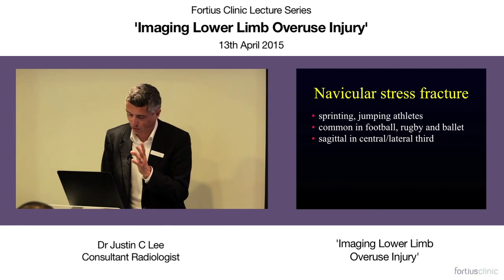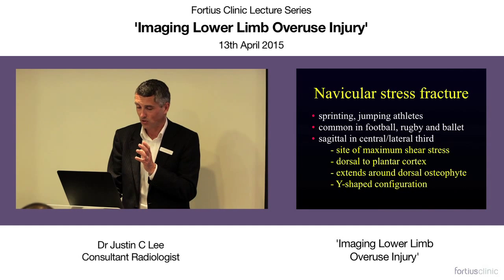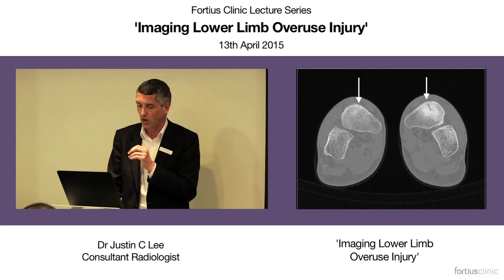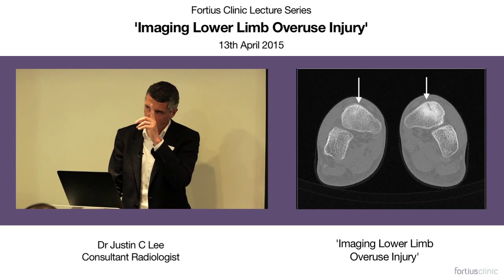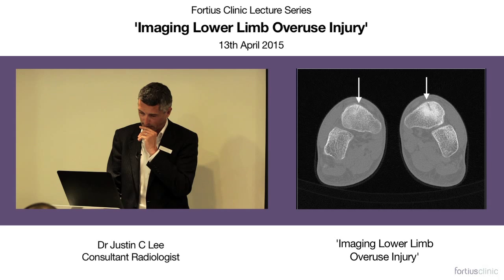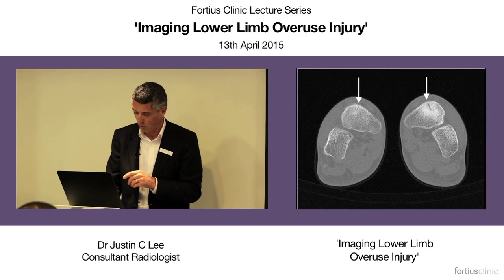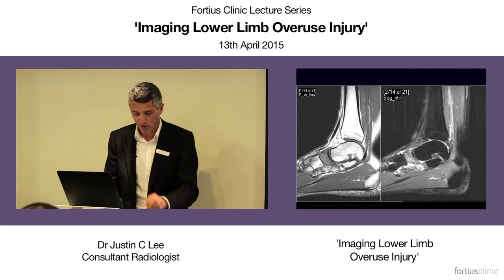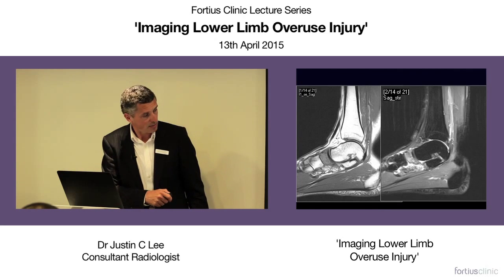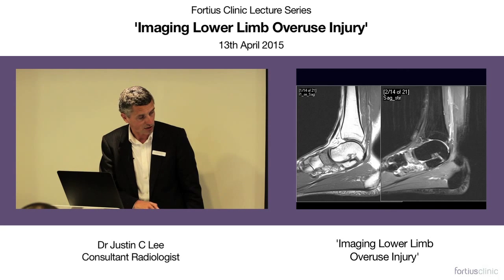It's quite a classic pattern because what tends to happen is that you get this inverted Y configuration. The fracture has the stem at the top, and then it comes down in an inverted Y, and I'll show you that. These are the MRI images. Again, it can be quite hard to make out the fracture lines, to be totally honest, on MRI.